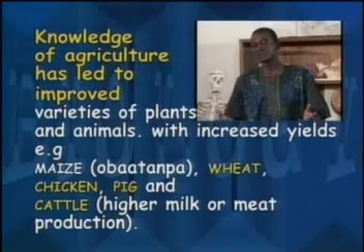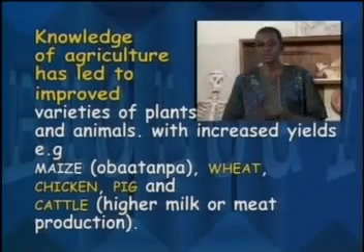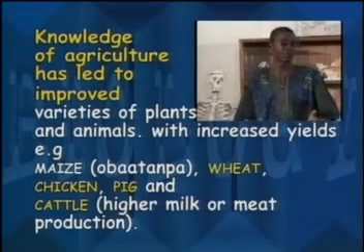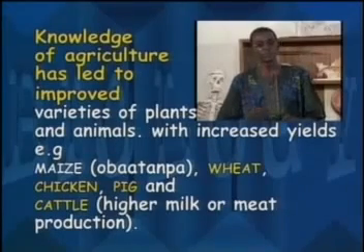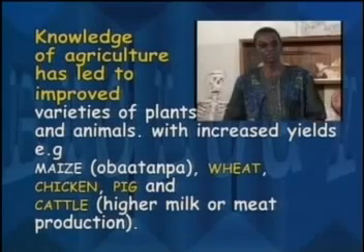Within 3 months, they are matured. Instead of using the 6 months one, we use the 3 months one. We also have wheat, chicken, pig, and cattle with very high improved forms.